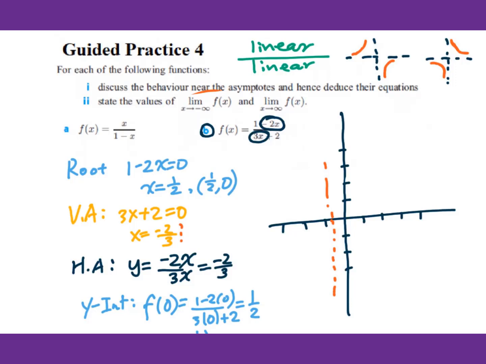And the horizontal asymptote line, y equals negative 2 over 3. And the root, it will be 1/2, 0 here. For the y-intercept, that's 0, 1/2. Now we can predict the graph like this.